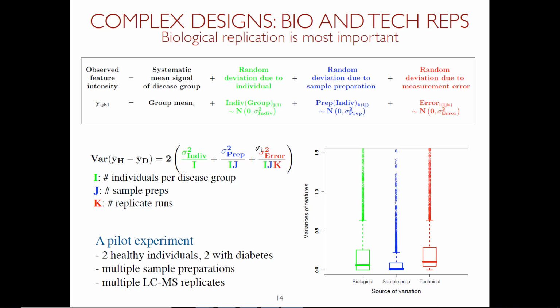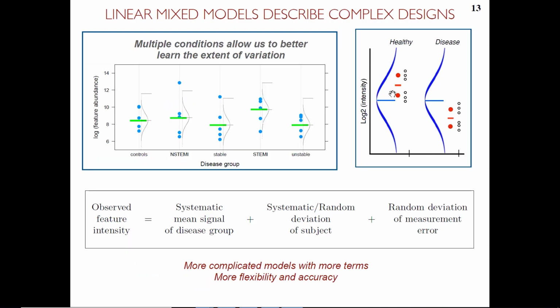Pilot study. What we did here, you see you only have 2 subjects in each group. So this was not the actual study, this was a pre-study. We took a very small sample size, but then analyzed the samples very extensively. We had multiple preps and multiple technical replicates, and this allowed us to see how much variation we have among the black dots, how much among the red dots, and so on.